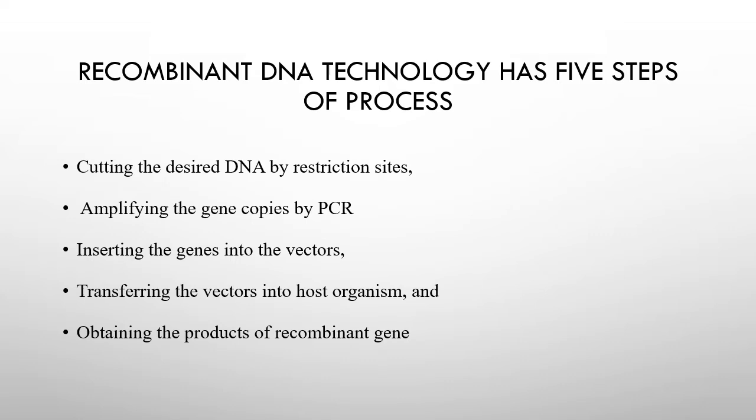What does recombinant gene mean? It is one in which two genes, or two genetic materials, are attached in a single gene. That's why it is called a recombinant gene.